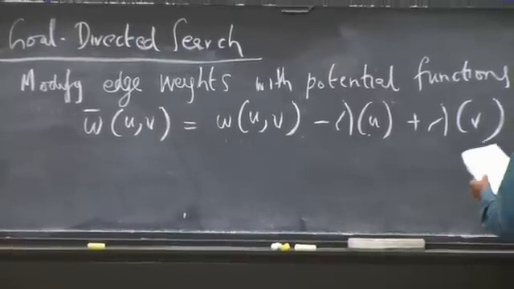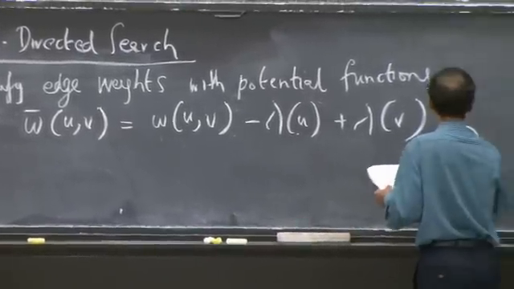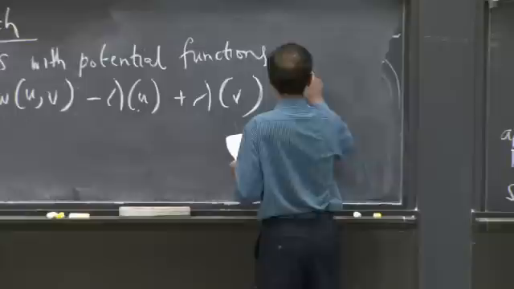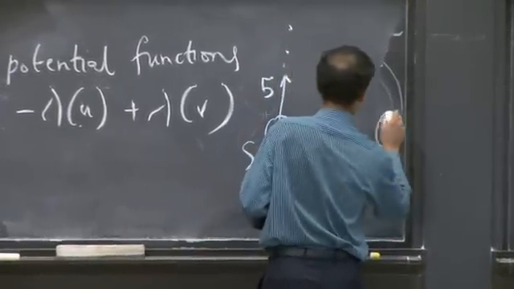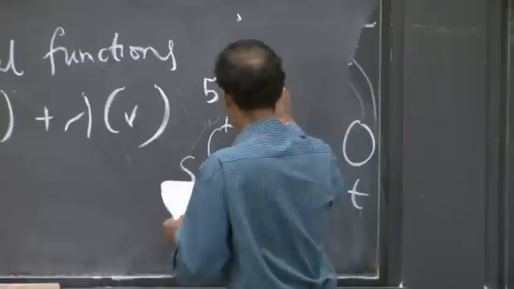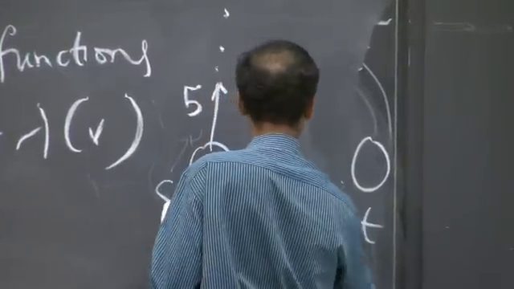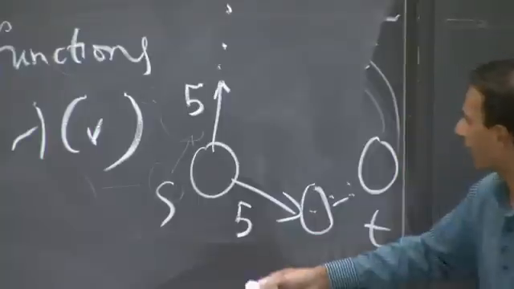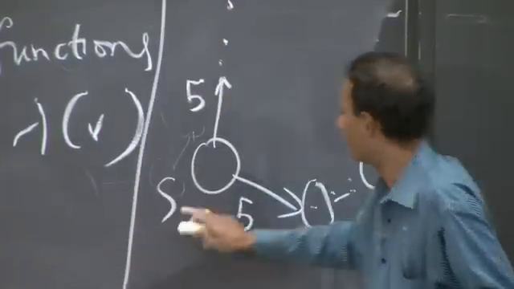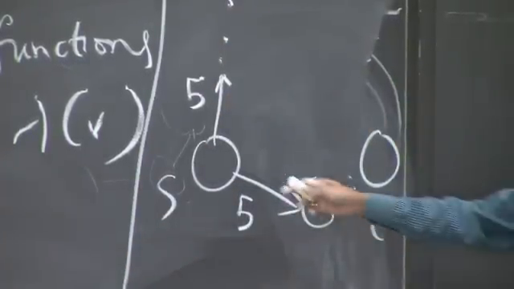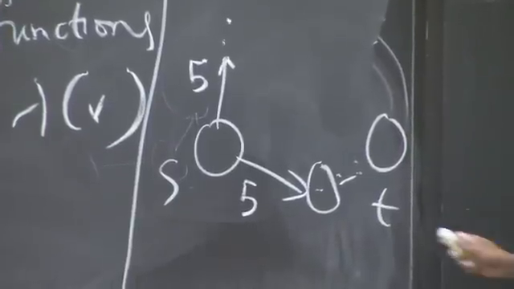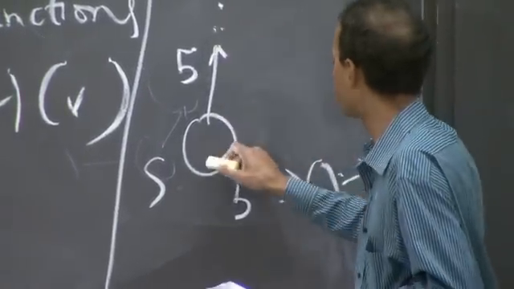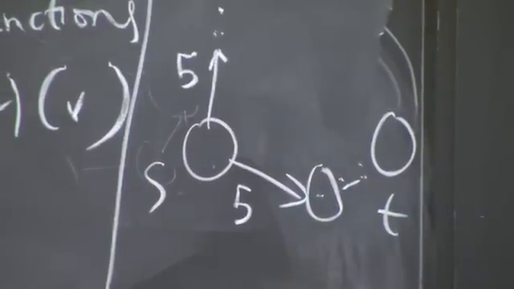But the basic idea in terms of lambda is that suppose you have something like this, where you have a source vertex S, and you're again trying to do single source, single target going to T. And let's say you have an edge of weight 5 going out and an edge of weight 5 going out this way.